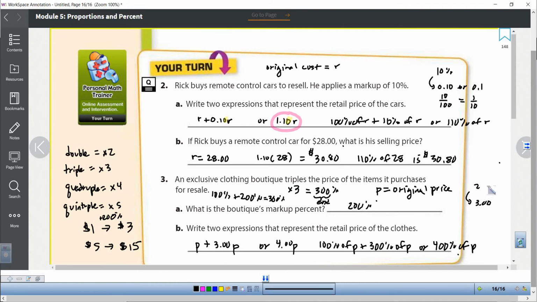So we're going to go 200%, and that's going to be 2.0. So this is P plus 2.00P, or 3P, which is 100 plus 200, which is 300% of P, 3 times the price.